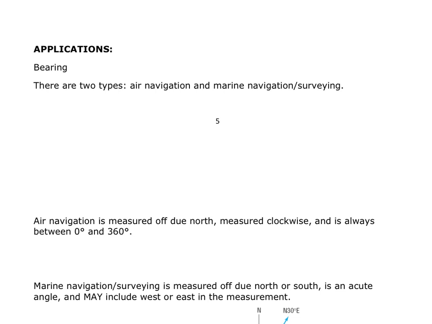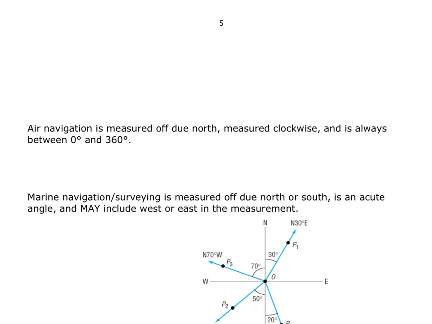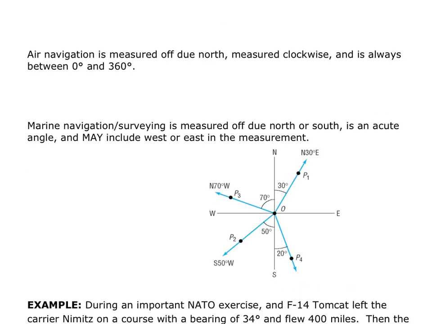So let's talk about navigation: surveying, marine navigation, and air navigation. They are two different things. When you're doing surveying, it's similar to marine navigation. Marine navigation, as well as surveying, is measured off the north and south. So you're going to have some angle that is so many degrees off the north in the east direction, or so many degrees off the north in the west direction.